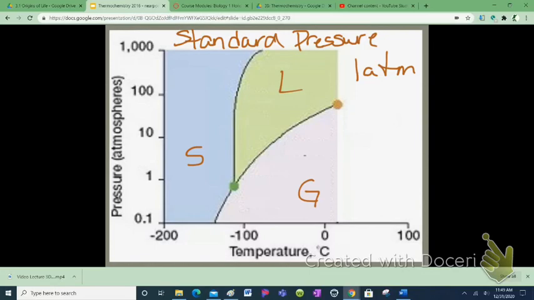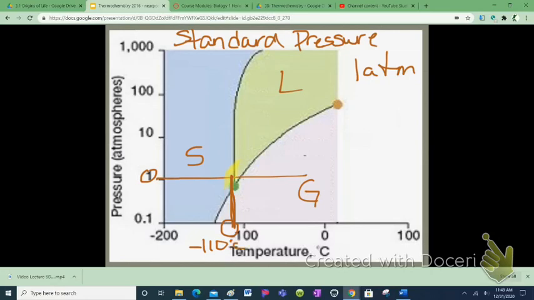So I find 1 atmosphere, which is here. Draw a line across. Right here is where the solid and liquid converge. So this would be my melting point. And so my temperature, it's about right here, which is what, like negative 110 degrees Celsius.